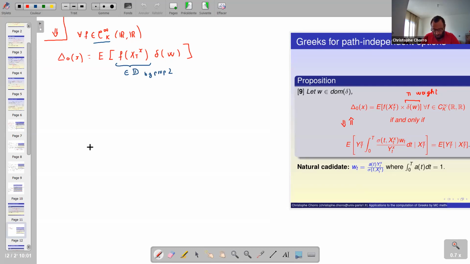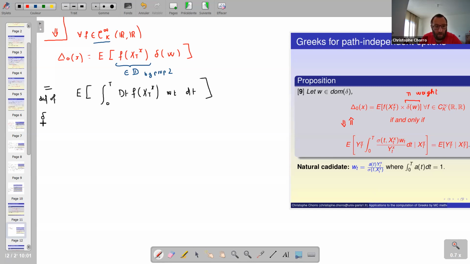So by the definition of delta, I can say that this expression is equal to the expectation of the integral between 0 and capital T of f prime of X_T(x) times W_t dt.